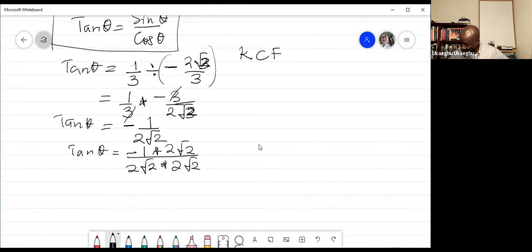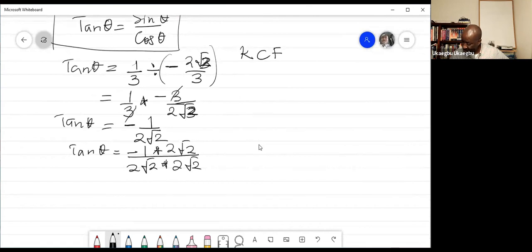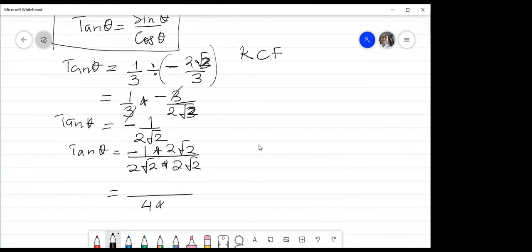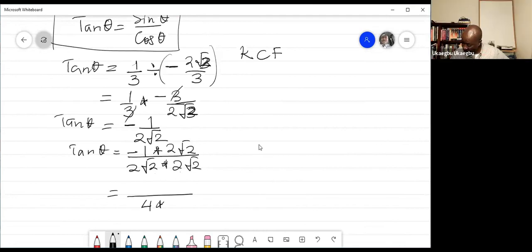On the denominator, 2 times 2 is 4, and square root of 2 times square root of 2 is square root of 4, which is 2. So this is 4 times 2.